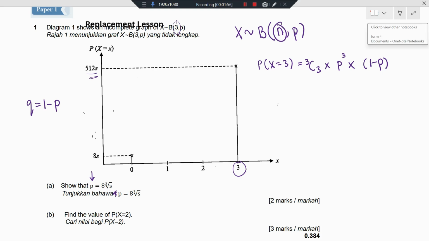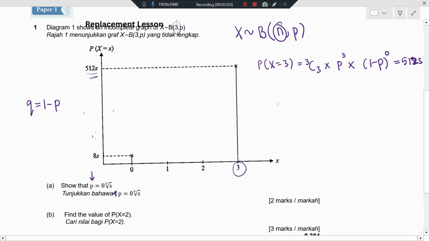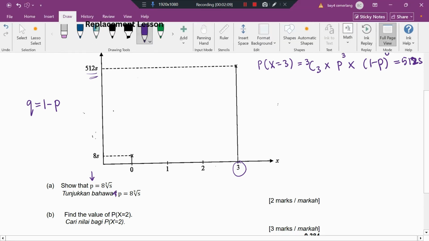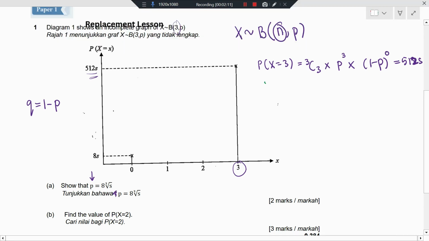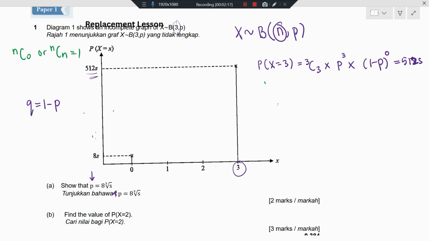Then 3 minus 3 is 0, and you will get 512s. Correct? Remember I told you so many times that nC0 or nCn is equal to 1. So this is 1, this is 1.